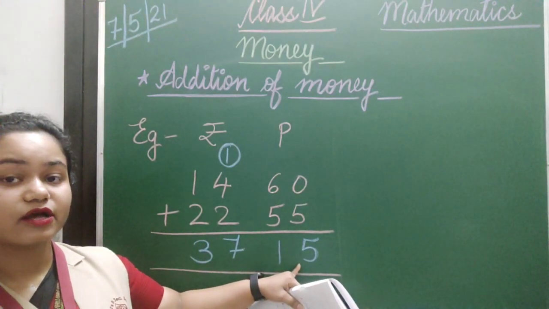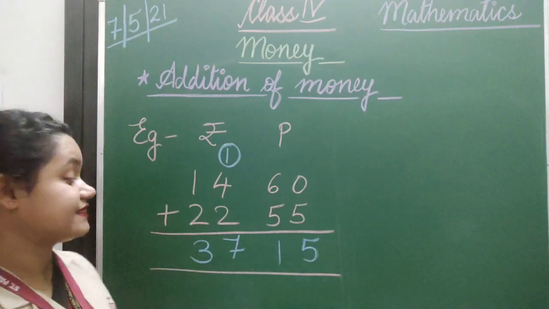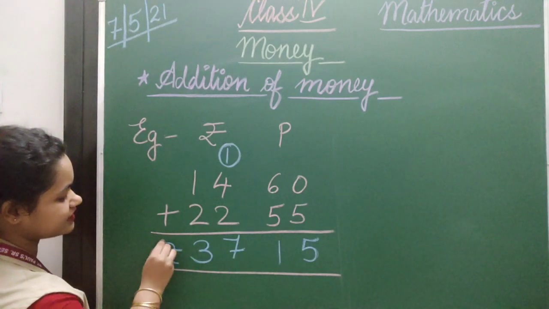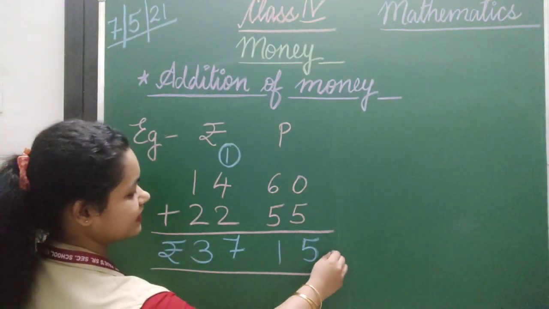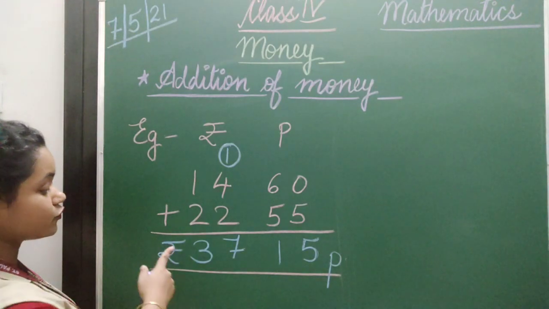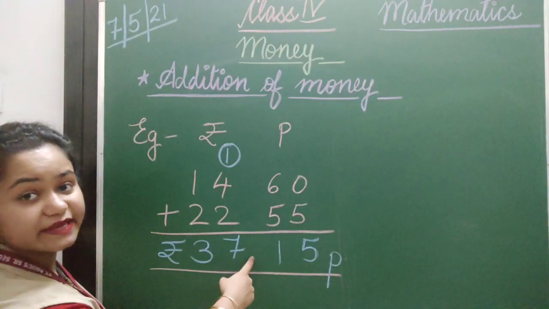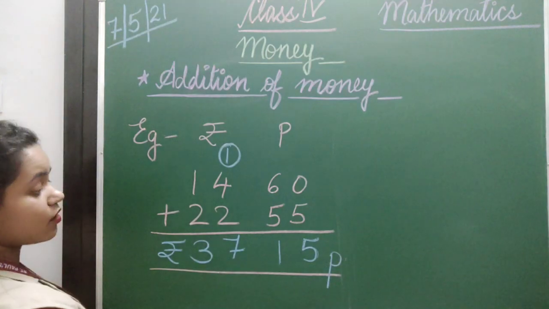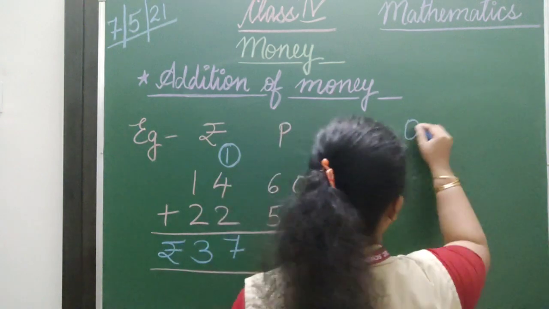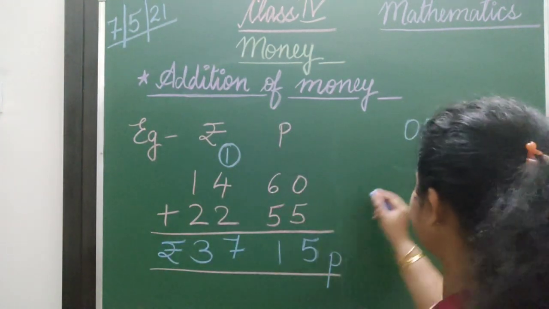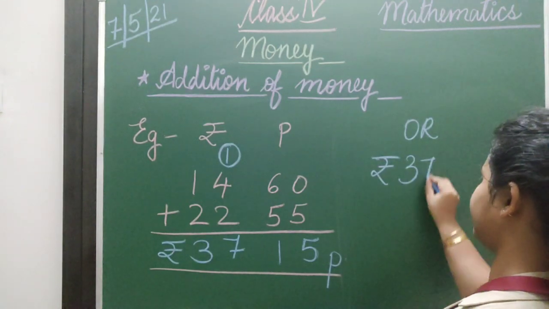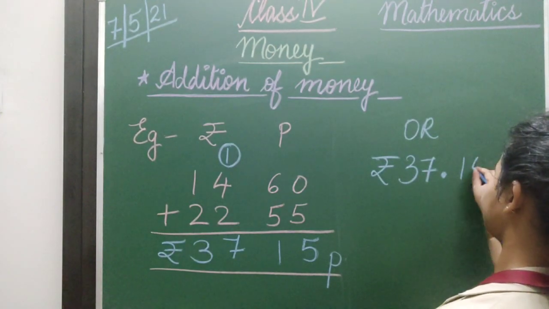And here it is paisa. That means you can write the answer as rupees 37 and 15 paisa. Alright? So rupees is not put here, it is put behind the number. Okay? Or else, the other way of writing this is, you can write rupees 37.15.